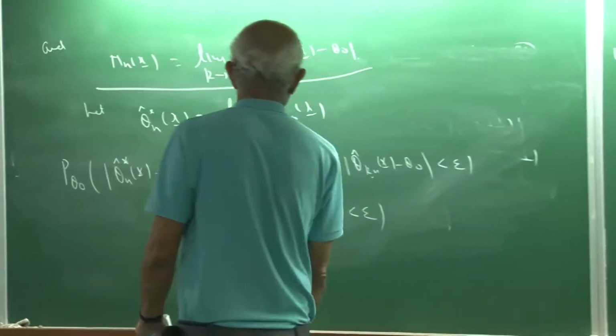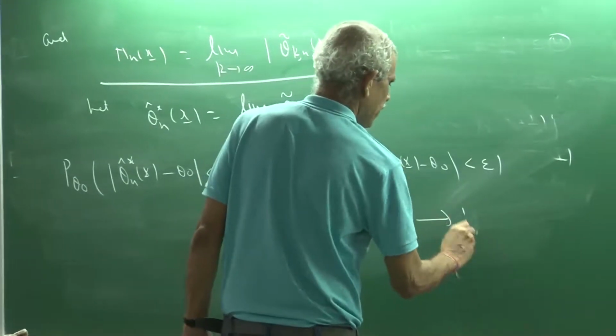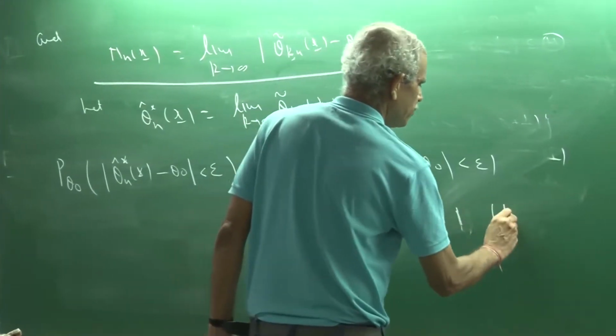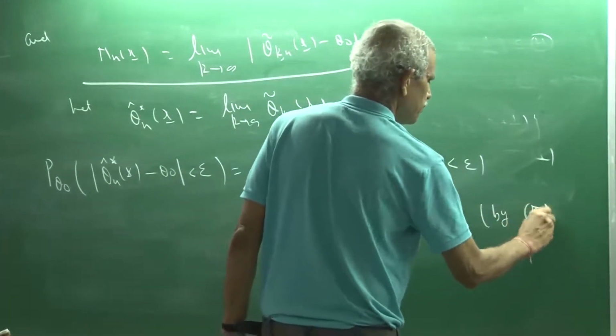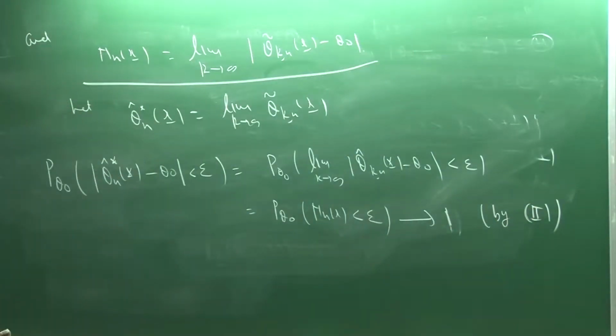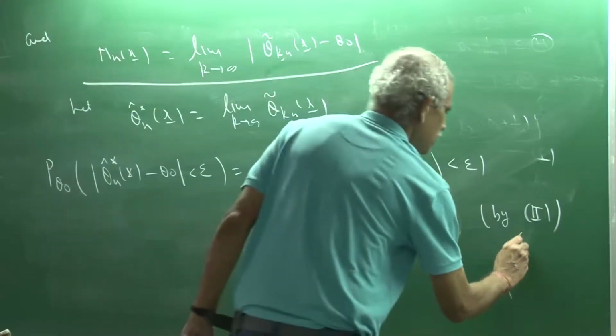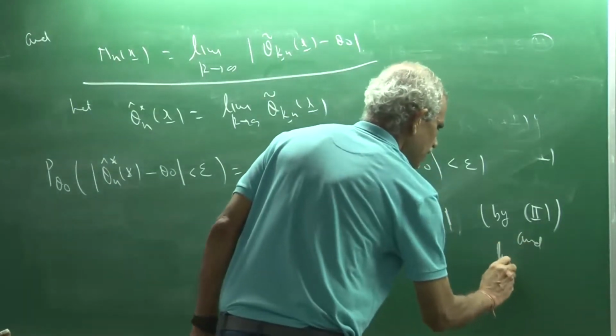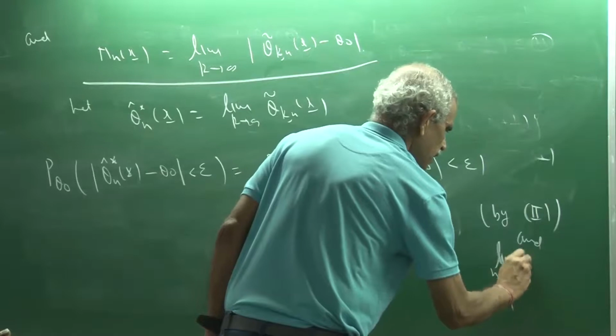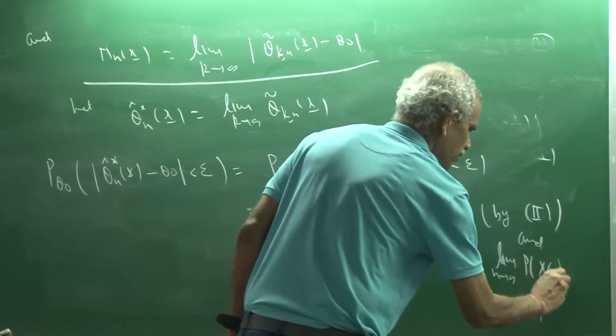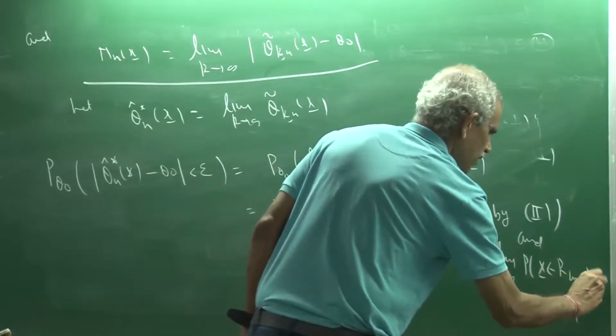So this would go to 1 by virtue of the fact that limit n going to infinity of the probability that x belongs to Rmn is 1.